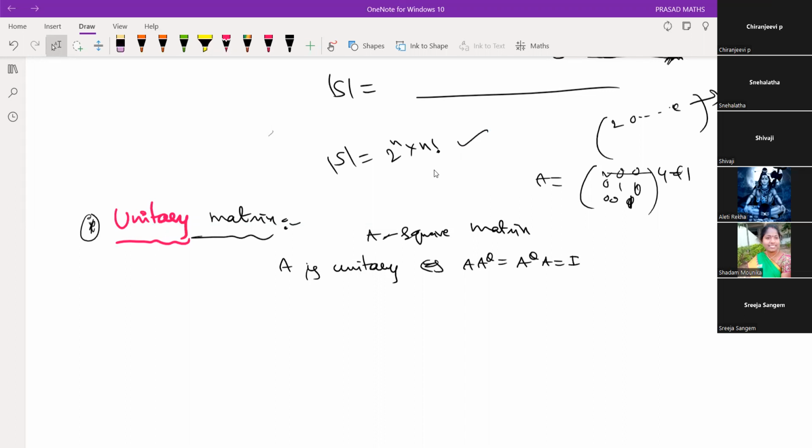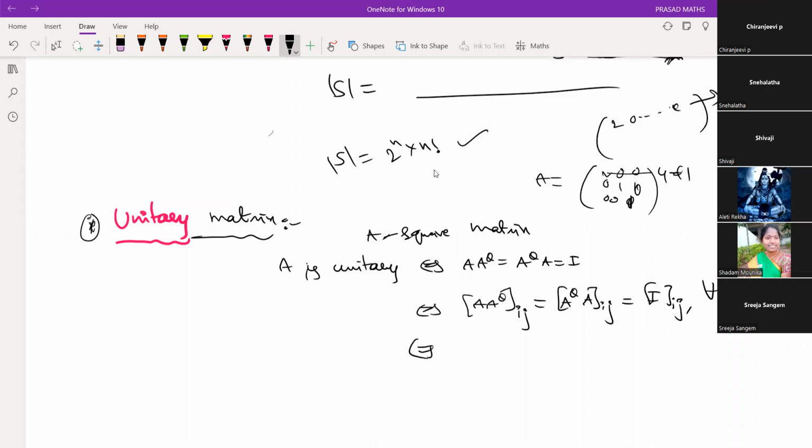Exactly, precisely, what is the ijth entry of this? The ijth entry of this is equal to the ijth entry of the identity matrix. This is true for every ij.